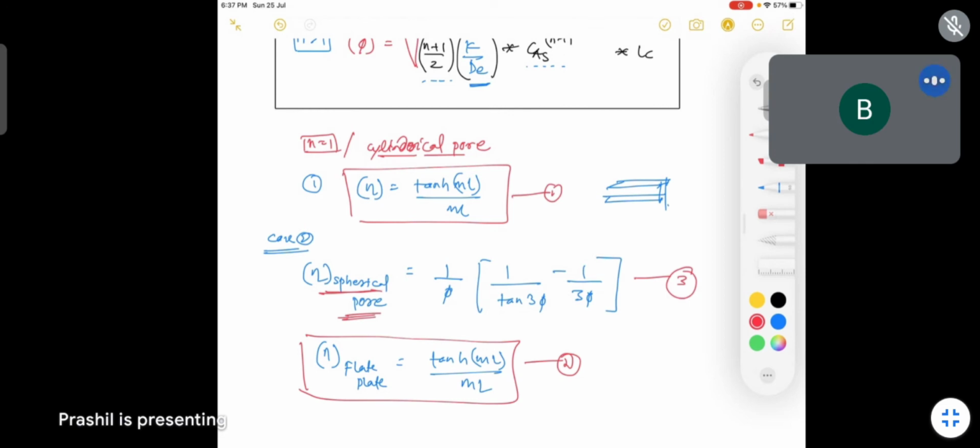Okay, so we'll see now what is the relation between efficiency, that is the effectiveness factor eta, and phi. Can you please guess what that relation could be?